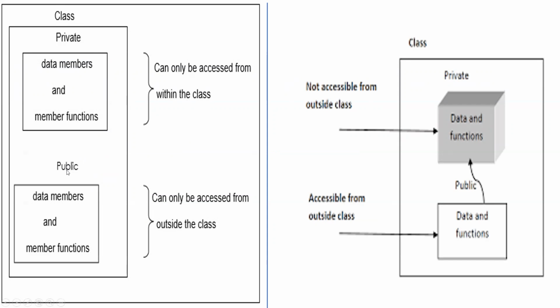And if they are made public, then the data members and the member functions can be accessed from outside of the class also. So we usually do what? The routine that is followed is that data members are always kept private and member functions are always kept public, so that member functions can be accessed from outside the class also.